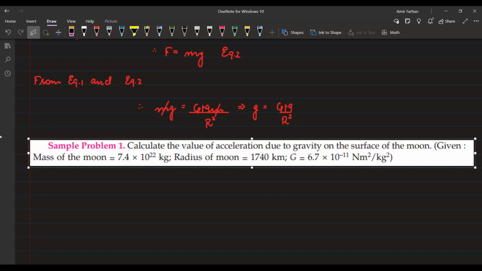Any answer by anyone? Please do let me know. Gravity is 1.63 meter per second square. 1.63, okay. Meter per second square or meter per second? Meter per second square.